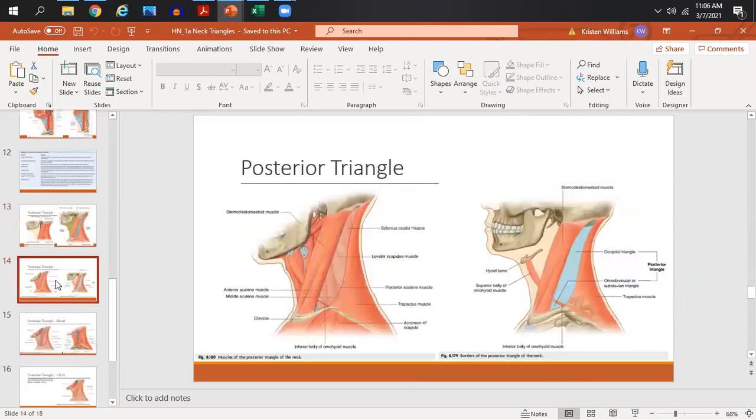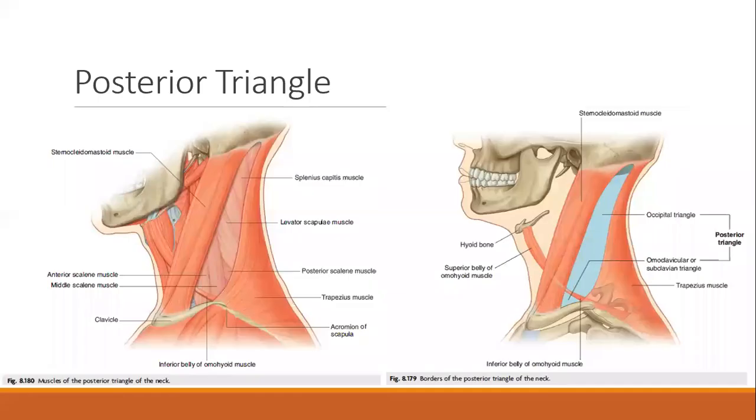So you can see how here, for your posterior triangle, the border is this omohyoid muscle, the inferior belly. And so inferior to this muscle is your subclavian triangle, also known as your omoclavicular triangle. And then superior to this muscle is your occipital triangle. So these are the two triangles that are within your posterior triangle of the neck.